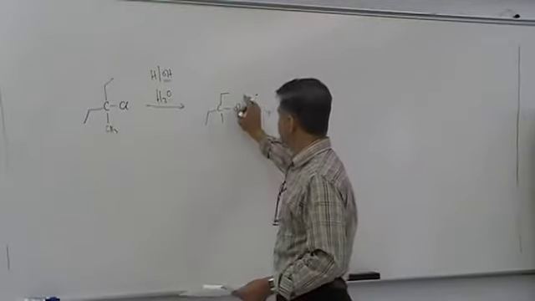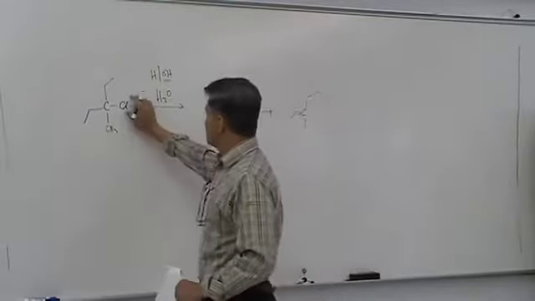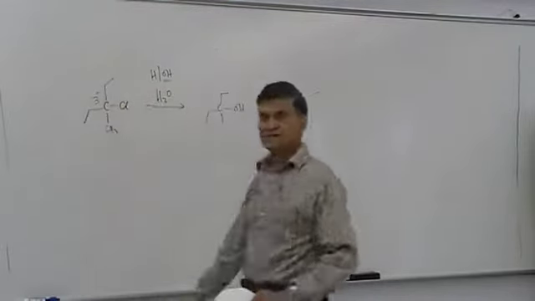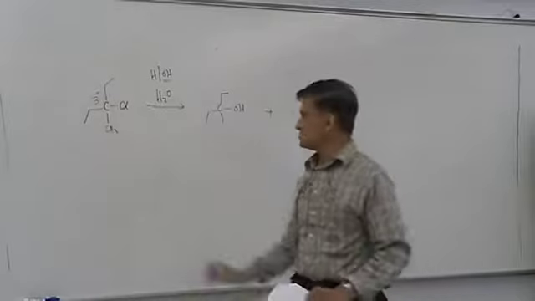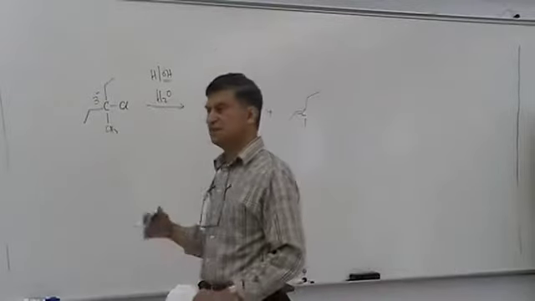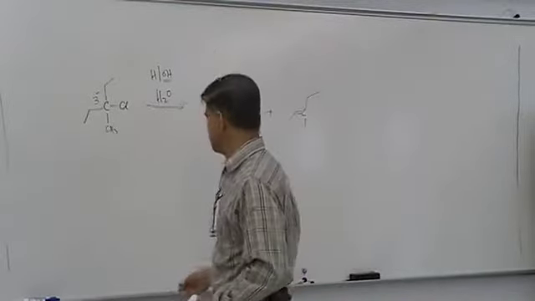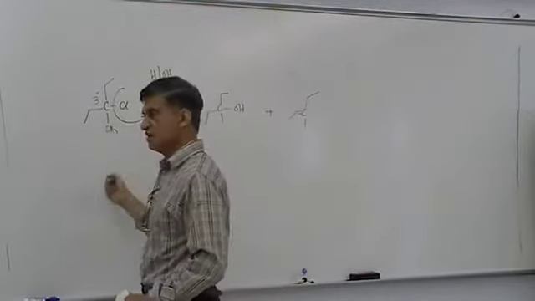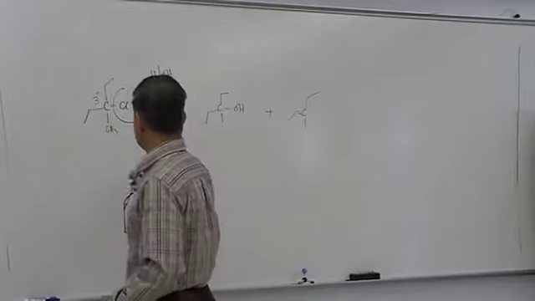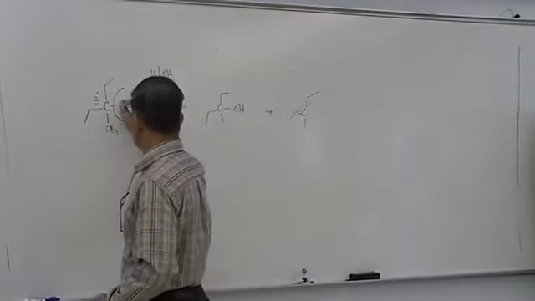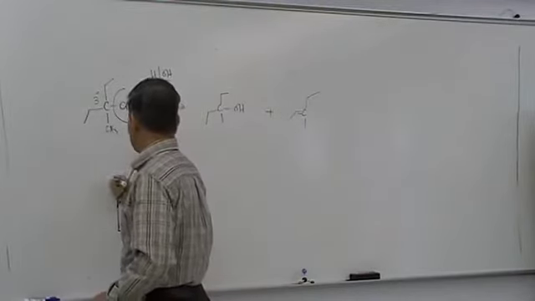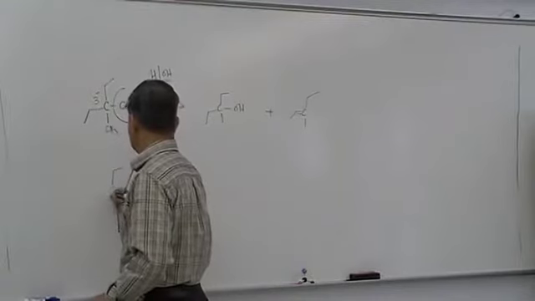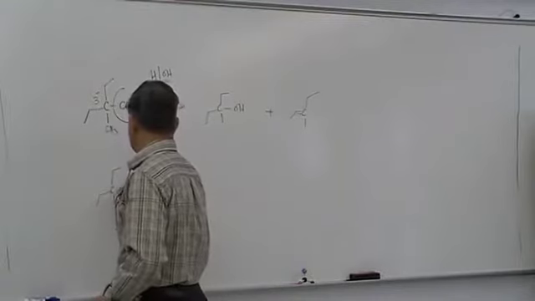So what had happened is, this is a 3-degree carbon, a 3-degree halide. In a 3-degree halide, the halogen comes out first. So it's not going to be an SN2 or E2 type of reaction. So when this comes out, keep that in mind, in 1 degree and 2 degree it doesn't happen that fast. But for 3 degree it happens, and then you get a carbocation like this. This is a carbocation.